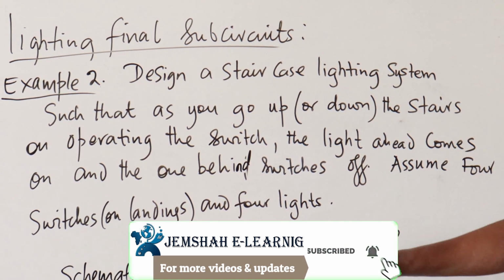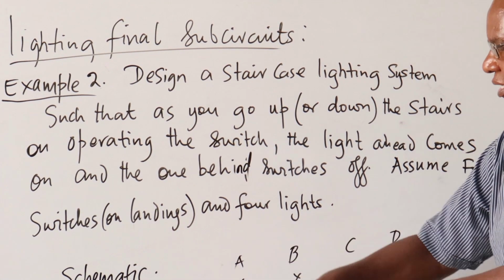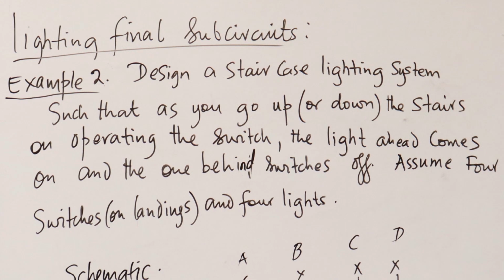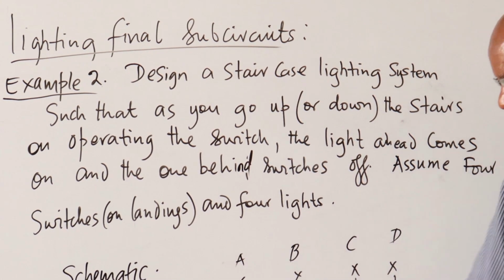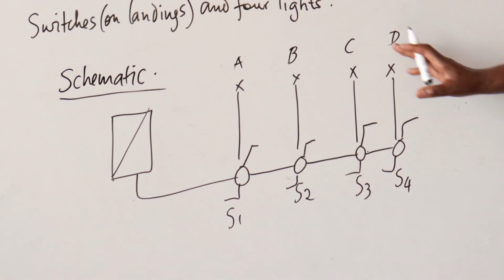Assume 4 switches which are on the landings and 4 lights. Now, I've drawn the schematic diagram for you. I think it should be something like that.